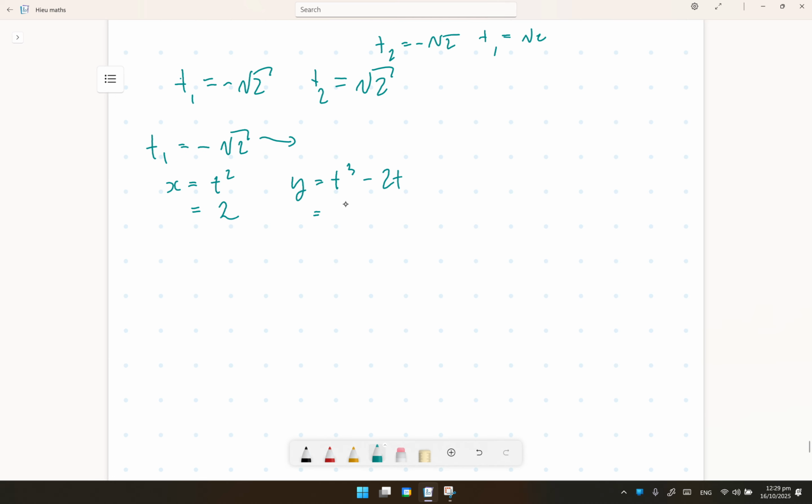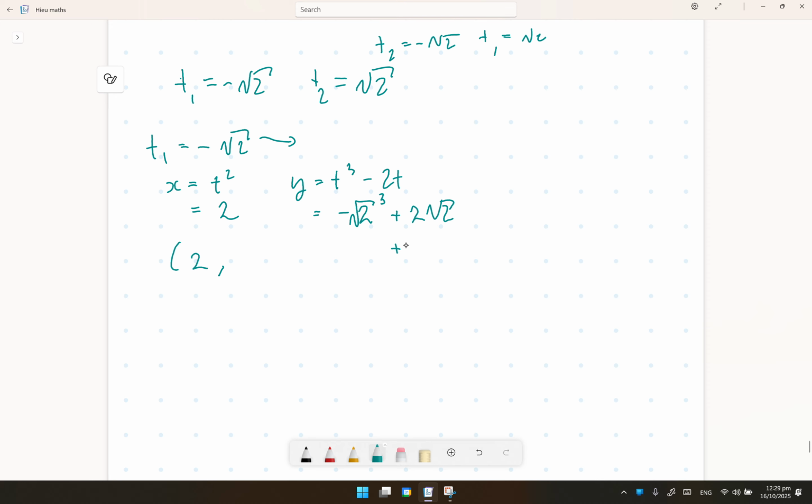And so that would be equal to minus cube root of root 2, cube root of root 2 minus 2 root 2. Sorry, minus 2 root 2, but it's already a minus, so it's plus. So then we have the point x equals 2, and minus cube root of root 2 plus 2 root 2.